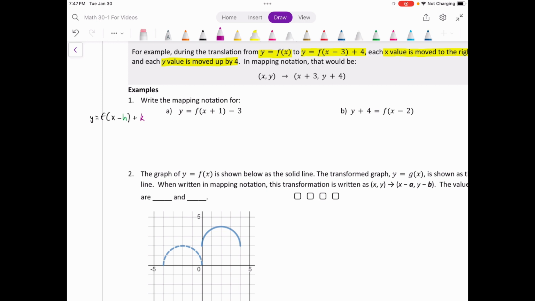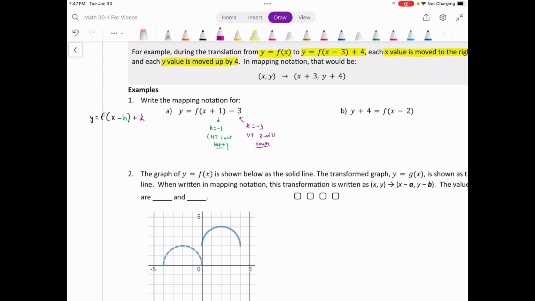So our h is negative 1. This is a horizontal translation, 1 unit left. What is our k? Our k is negative 3. So a vertical translation, 3 units down.